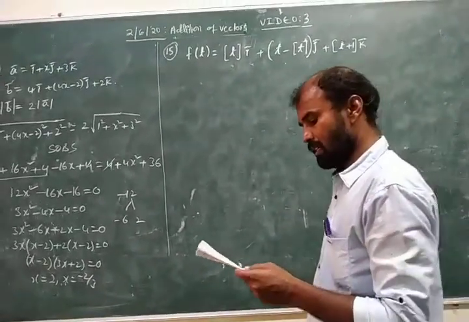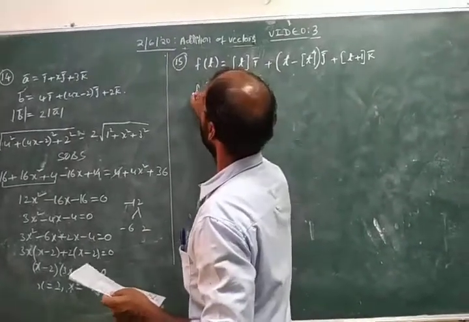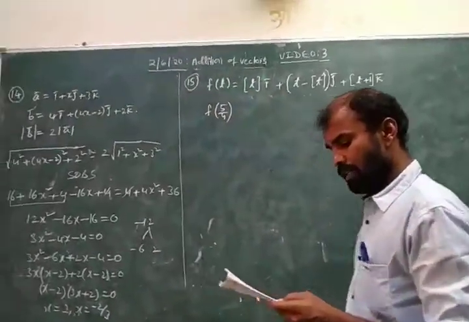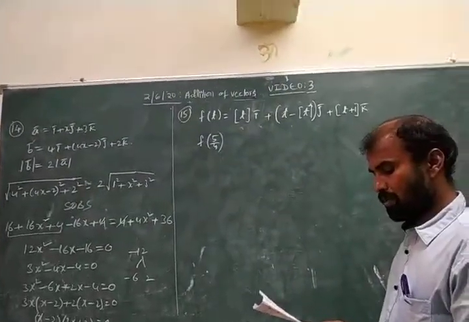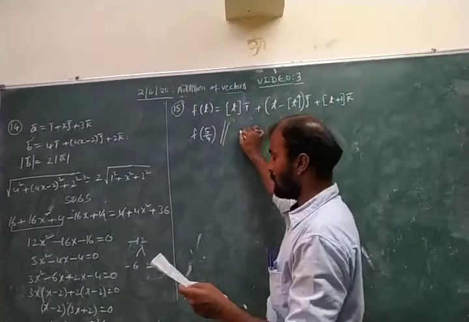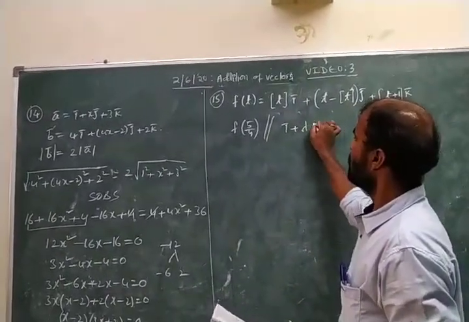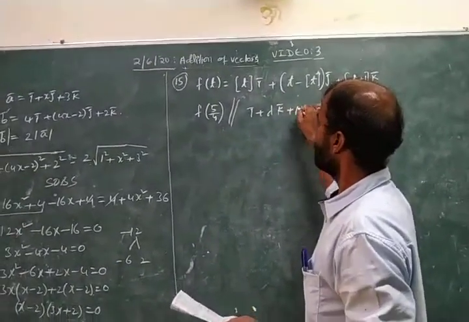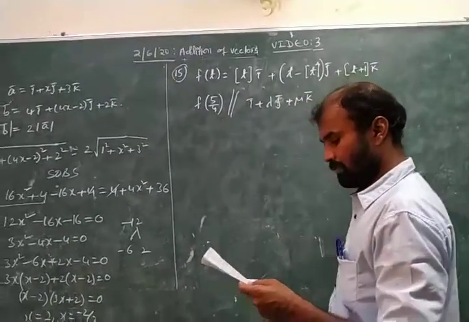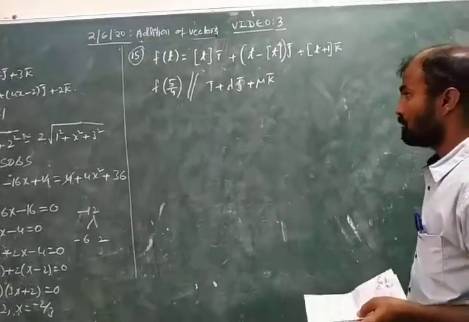If the vector f of 5 by 4 is parallel to the vector I bar plus lambda J bar plus mu K bar, then find the values of lambda and mu.